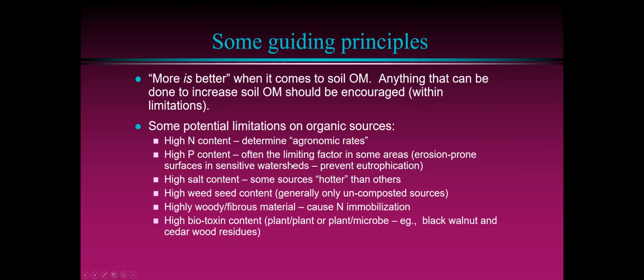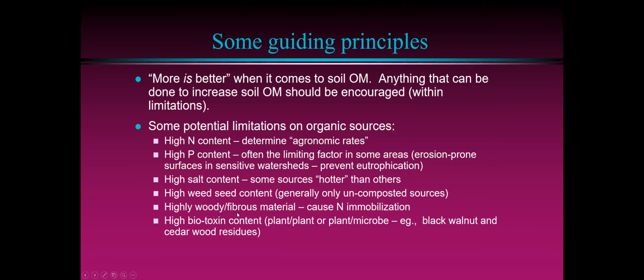We can only apply at the level that is actually needed for phosphorus because we want to prevent the off-site movement of phosphates into surface waters and things that can cause environmental issues. Sometimes they're high in salt content. Sometimes they're high in weed and seed content if they're not fully composted.